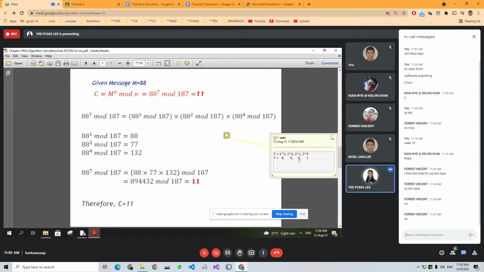So in order to get 7, we need binary 1, 1, 1. That's why the combination is this one, 4, 2, 1. Are all of you clear on this? Last week we discussed during the tutorial.